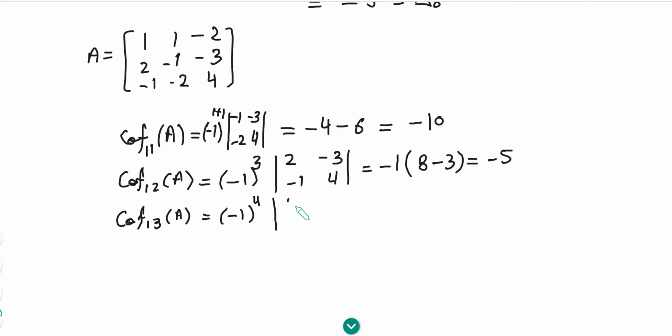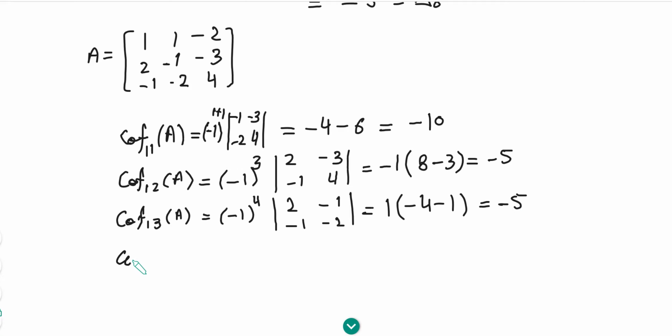So we are left with the minor of 2, negative 1, negative 1 and negative 2, and the sign is positive 1, because negative 1 power 4 is positive 1. Negative 2 times 2 is negative 4, and then we will have a negative over here. Negative 1 times negative 1 is positive 1. Negative 4 and negative 1 is going to be negative 5.